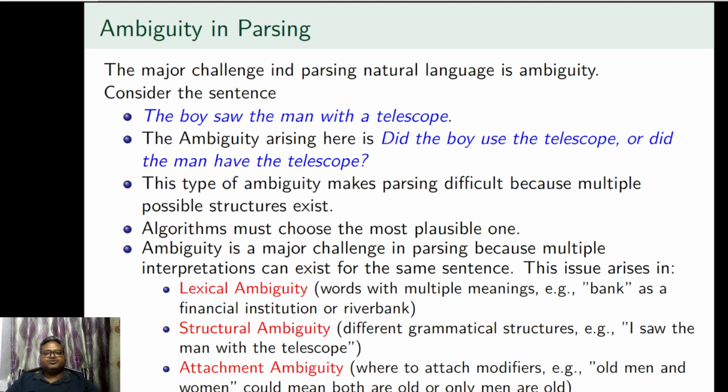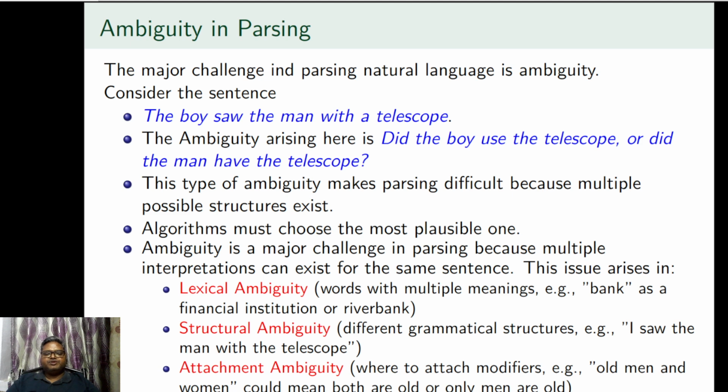The boy saw the man with a telescope. What is the ambiguity here? The boy saw the man with a telescope. Whether that boy has the telescope or that man has the telescope. That is the problem here. So this is known as ambiguity.